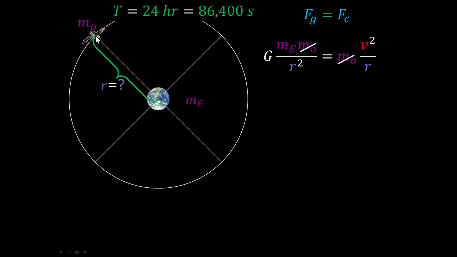This satellite, it doesn't matter how much mass it has, it will take the same amount of time if it's at the same distance. Now remember, we're trying to figure out the radius, but we want the time, the period, to be 24 hours, which is 86,400 seconds.